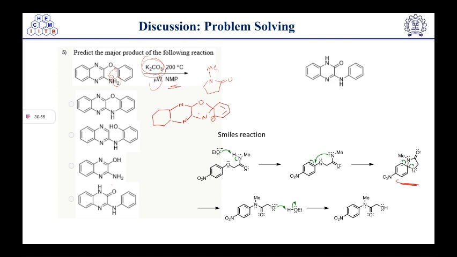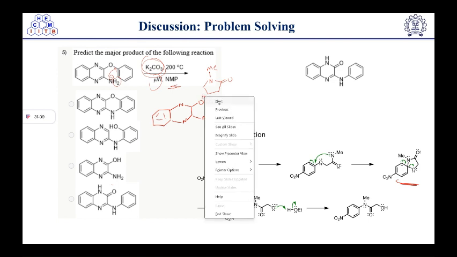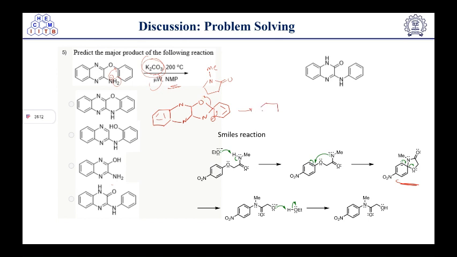Correct? This way. Now this negative charge will push back and the ring will open, and we will get this here.